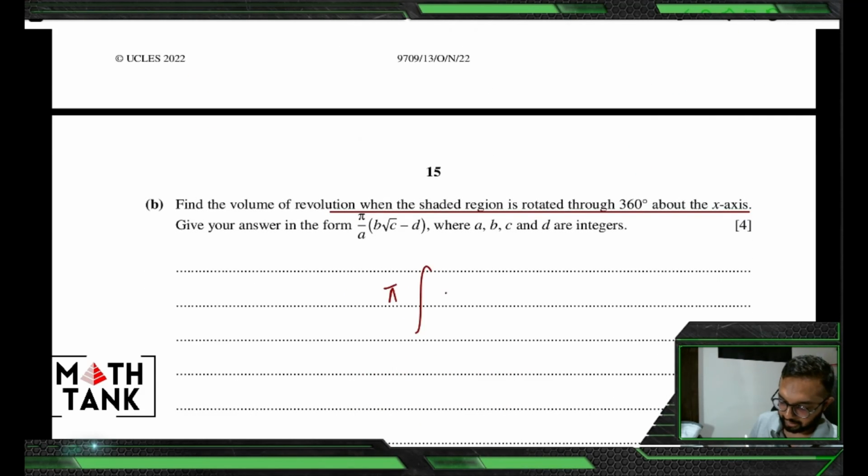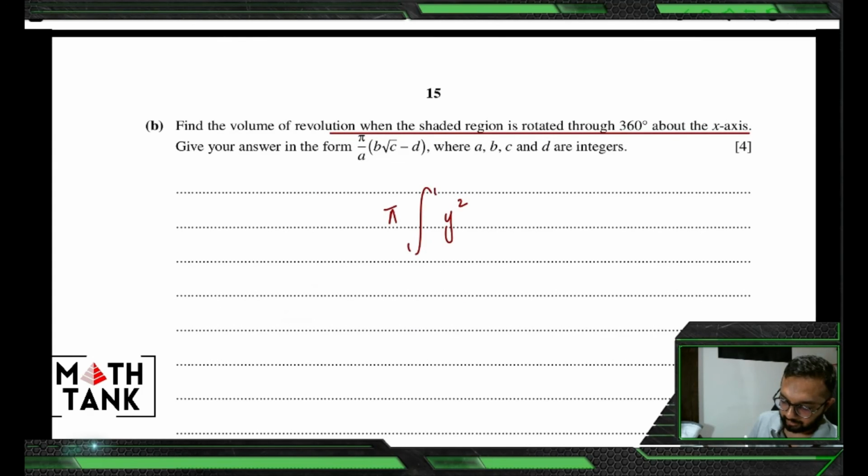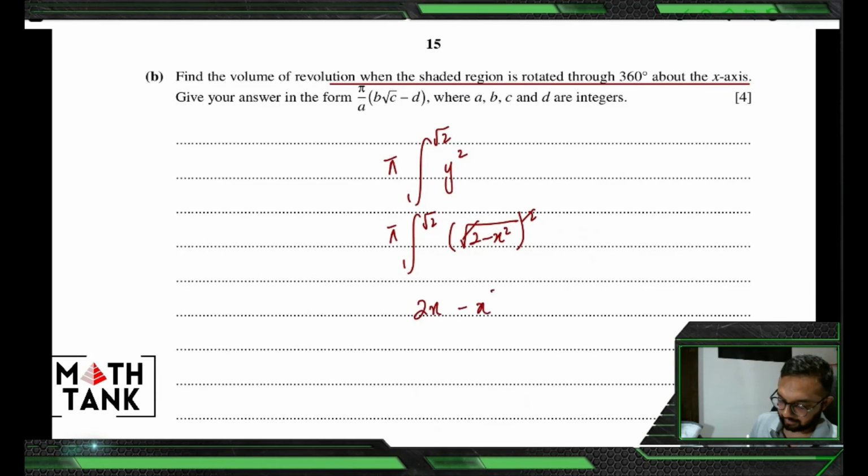Pi y squared from 1 to root 2. What's y squared? I'm going to write root of 2 minus x squared, squared. So that gives me 2x minus x cubed over 3 after integration, from 1 to root 2, with pi outside.